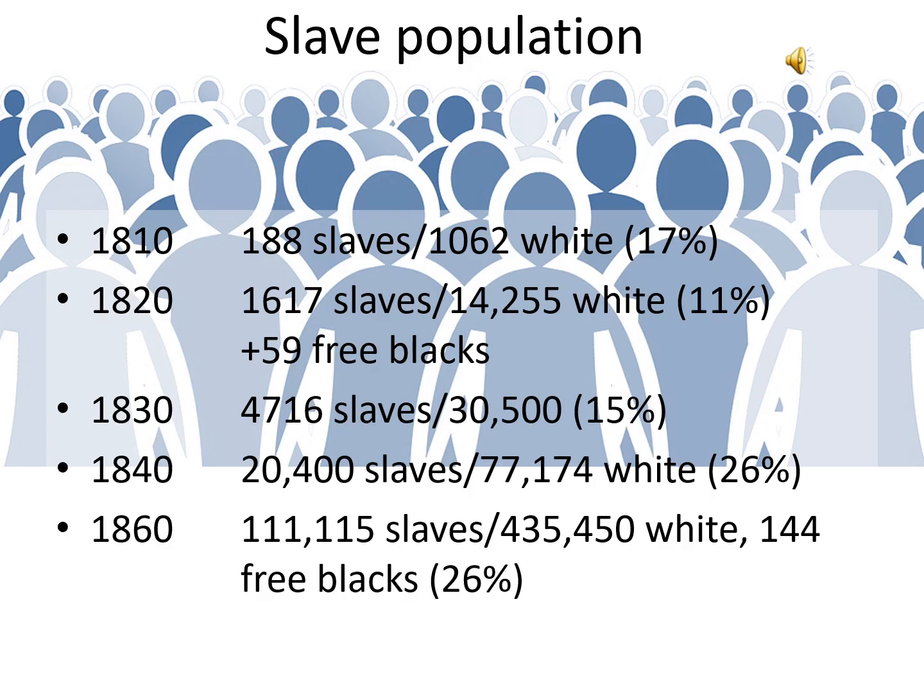In 1860, it went up just a little bit to 26%, with a little over 100,000 slaves to more than 400,000 white people. And we see the free black number rising again: 144 free blacks in Arkansas in 1860. That's still pre-Civil War time. So I wanted to put these numbers out there so we can see an actual count of slavery across the state.